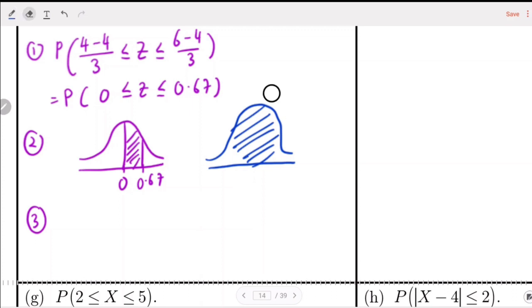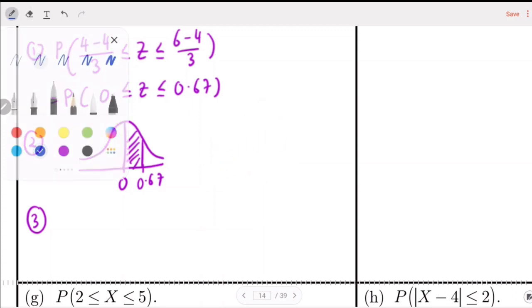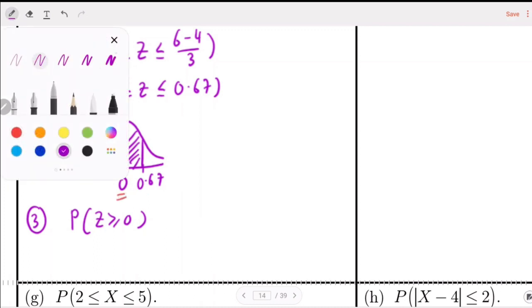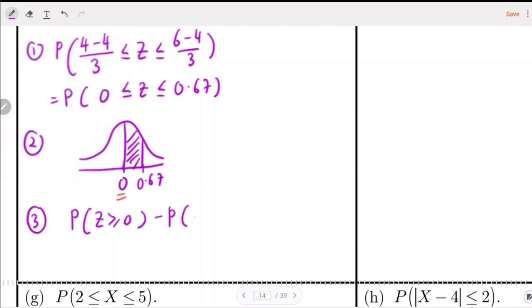But since we didn't shade it fully, the middle part for our bell shape, we don't need to put 1 minus. Instead, we're going to take probability for Z greater than equal to 0, which is this value here, and then minus probability for Z greater than equal to 0.67.